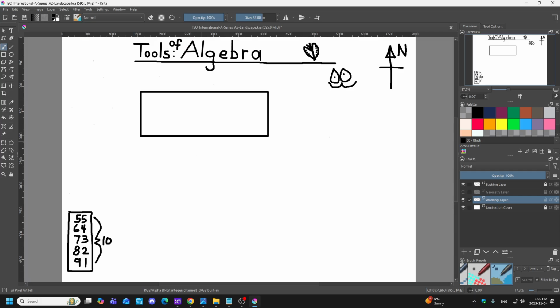We have length and width, just as always. The perimeter is the distance. We could pretend it's the fence area as well.